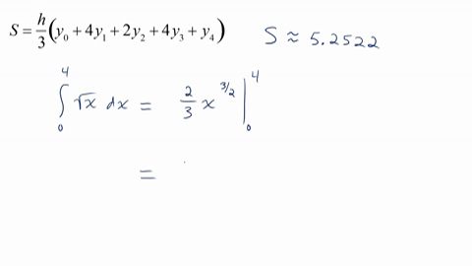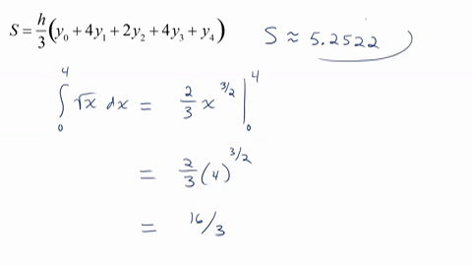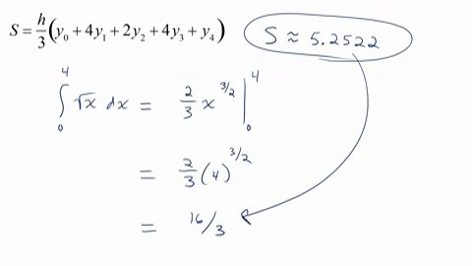Substituting 4 in first, we would have 2/3 times 4 to the 3/2 minus what we get when we substitute 0 in, which is just 0. And evaluating this expression, we get 16/3. So you can see that our approximation of 5.2522 is very close to the true value, which is 16/3.